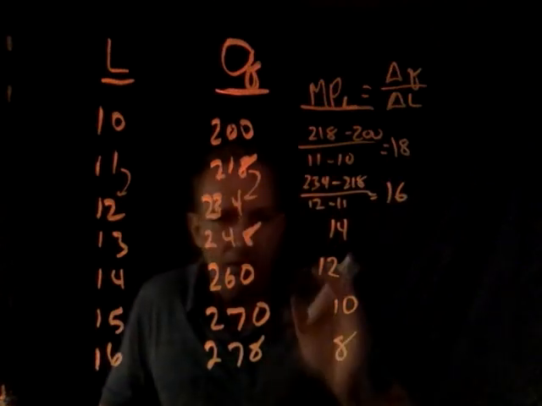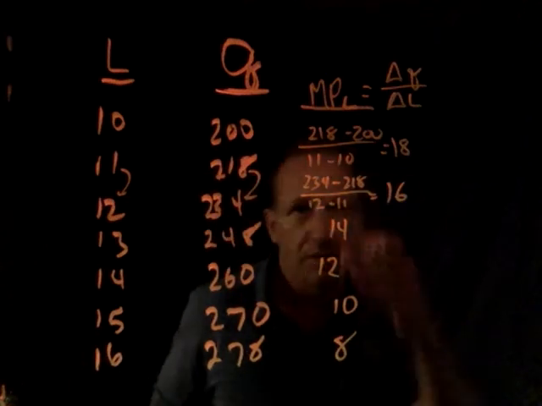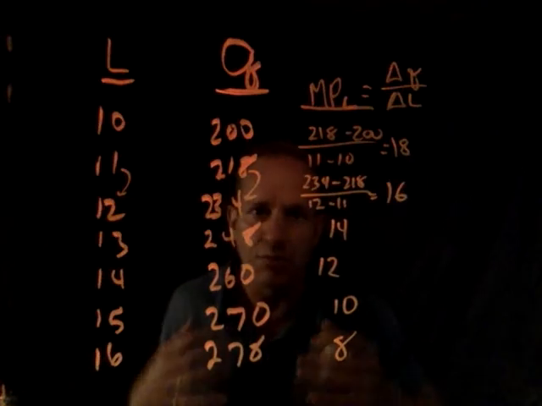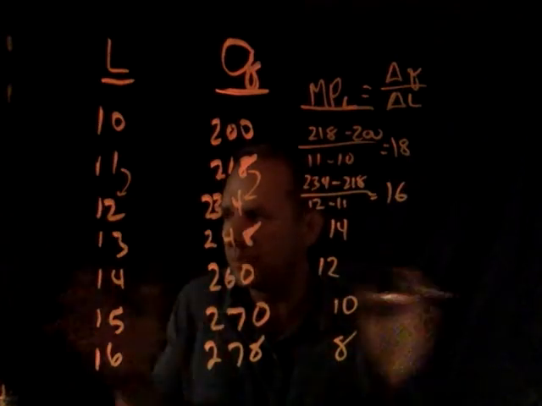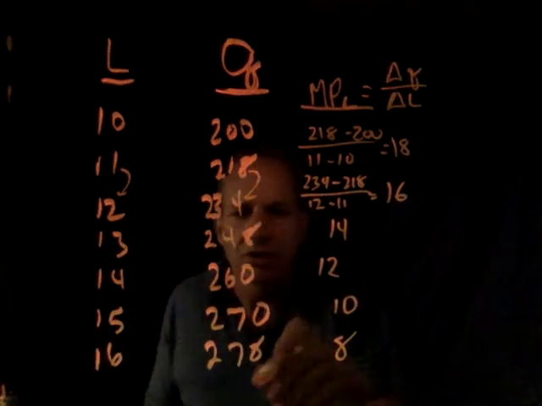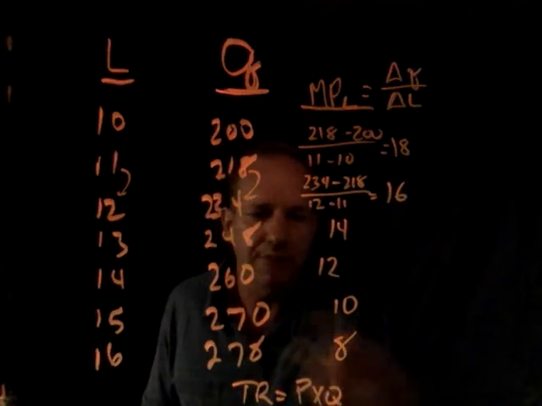So that's the marginal physical product, or the marginal product of labor. I think marginal product of labor is how you'll hear it more often. So then the next thing we need is the marginal revenue product. This is a big term. But what's revenue? What's total revenue for a firm? Total revenue is, always has been, always will be price times quantity.